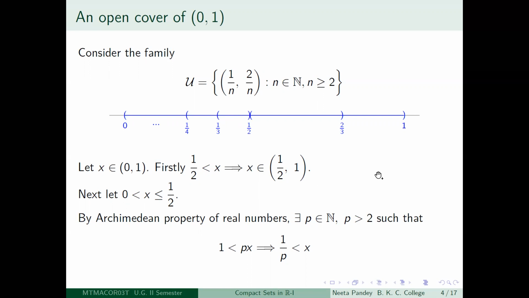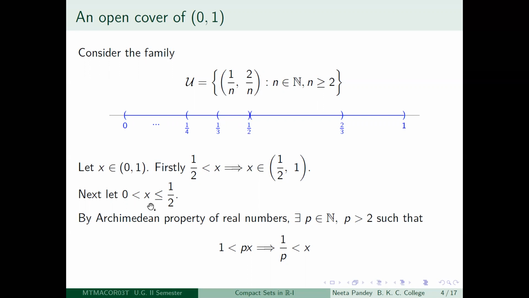So we will be using the Archimedean property of real numbers. So how are we going to use that? Suppose I take any real number x which is greater than 0 and less than or equal to half, so in this part, in the semi-open interval 0 to half, half closed. Now your x is a positive number, so you will be able to get a positive integer p so that px is greater than 1.